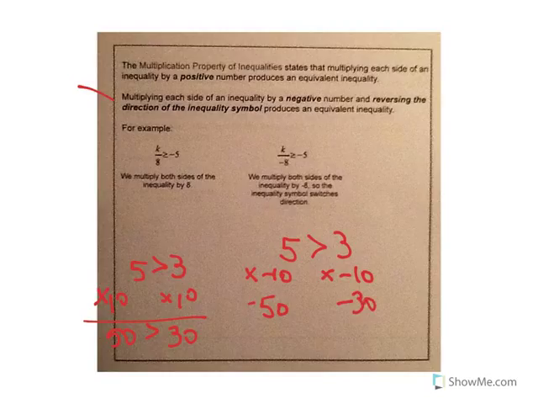So now we have to change the direction of the inequality. Whenever you multiply or divide by a negative number when solving for an inequality, that's the thing that you need to make sure to do. So really important. And one of the easiest ways of checking this is by plugging in an answer and seeing if you're right after you solve for the inequality.